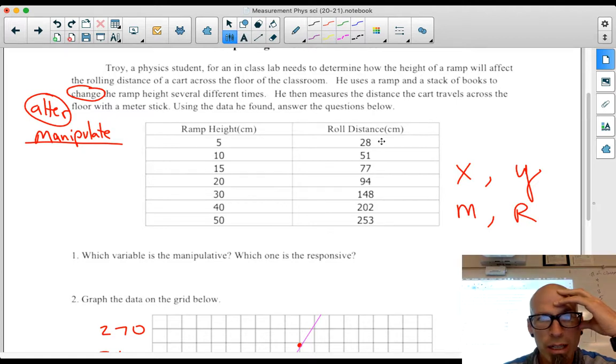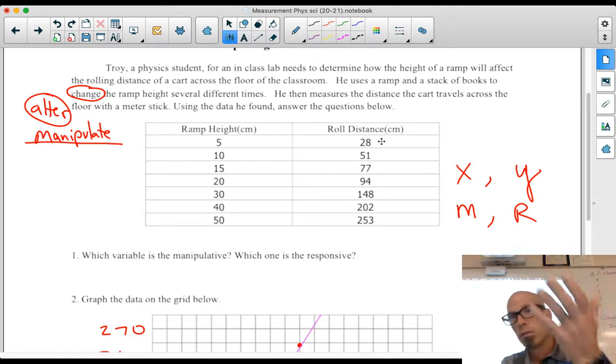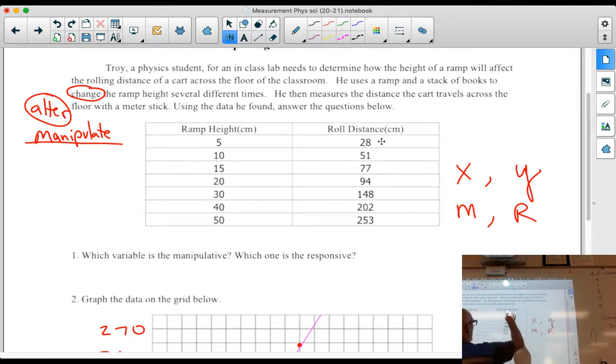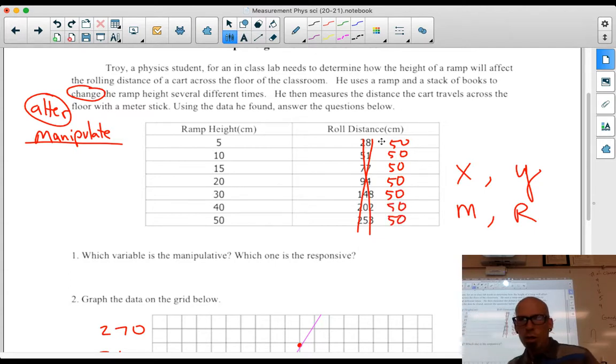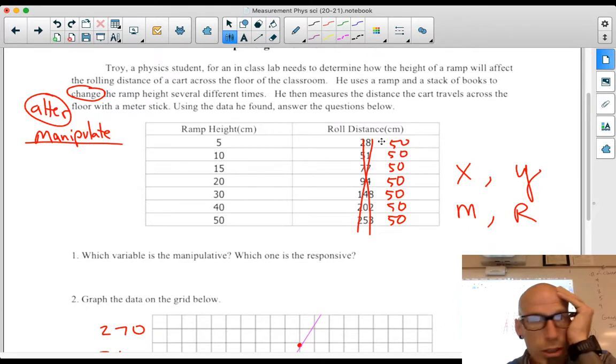So what does that look like in graph form? Well, let's just say, instead of this data right here, it would be like 50, 50, 50, 50, 50, 50, 50. That is what data would look like if there was no relationship.